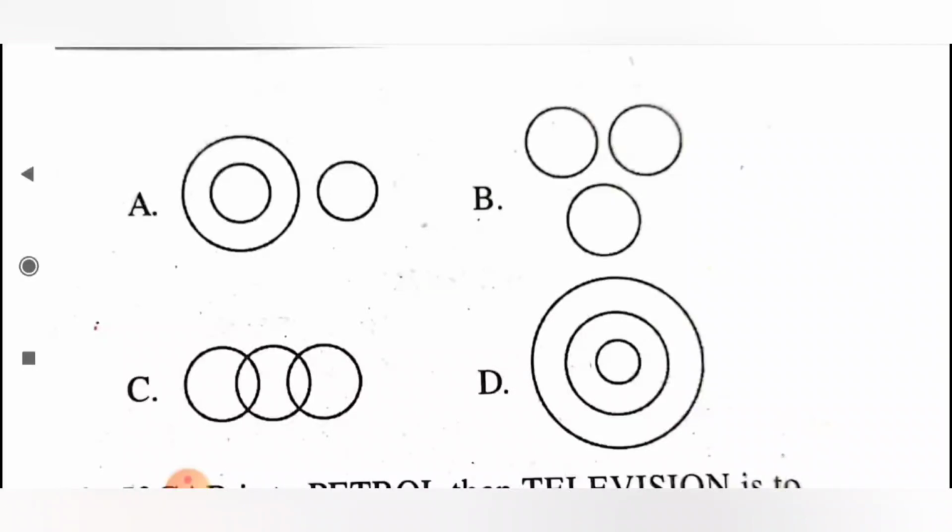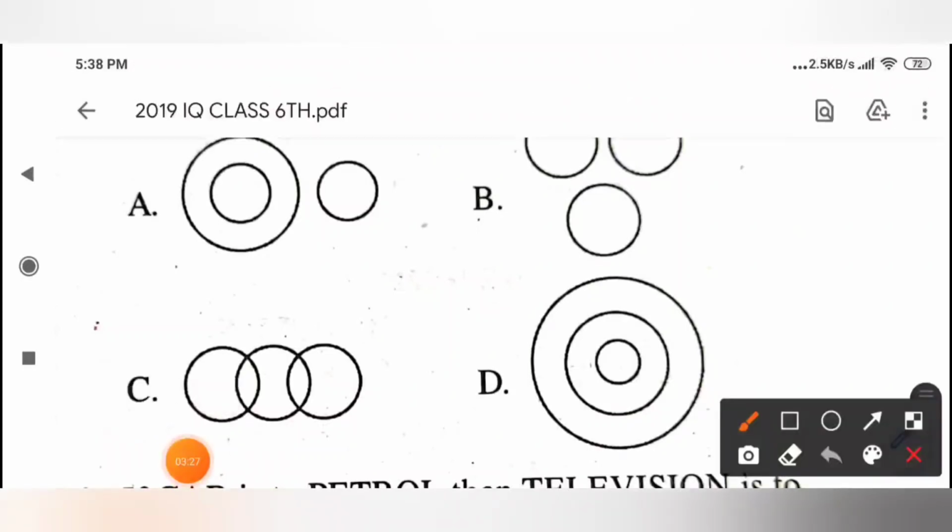The correct relation between traveler, train and bus is option C, because you consider this circle as travelers, this circle as travelers in train, this circle as travelers in bus.